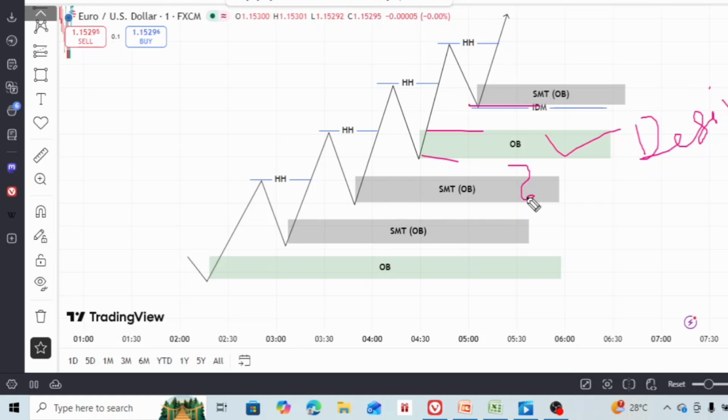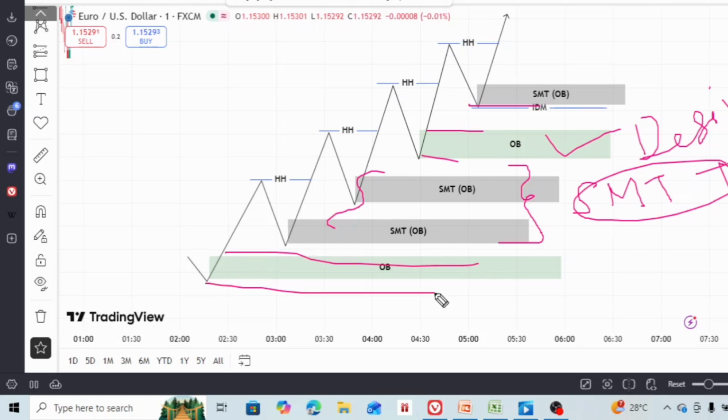The order blocks that are found in the middle are the smart money trap, SMT, and these are just to trap the traders. These are not valid order blocks. And then if there is the extreme order block, this will be our valid order block. So this is about the valid and the invalid order block.